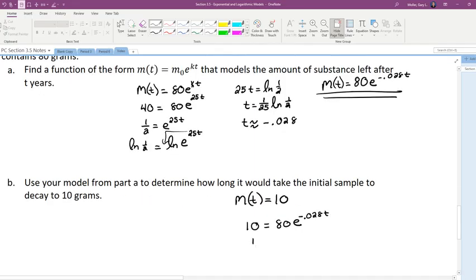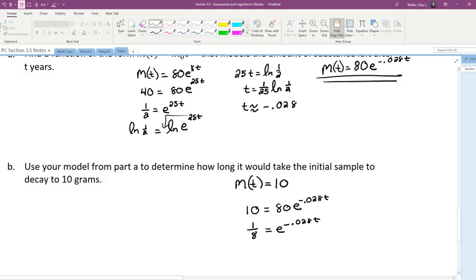Divide by 80, and I get 1/8 equals e to the negative 0.028 t. Time for natural log. So I'm going to take the natural log of 1/8, and the natural log of e to the negative 0.028 t, which is going to give me the natural log of 1/8 equals, that comes down, natural log of e is 1, negative 0.028 t.